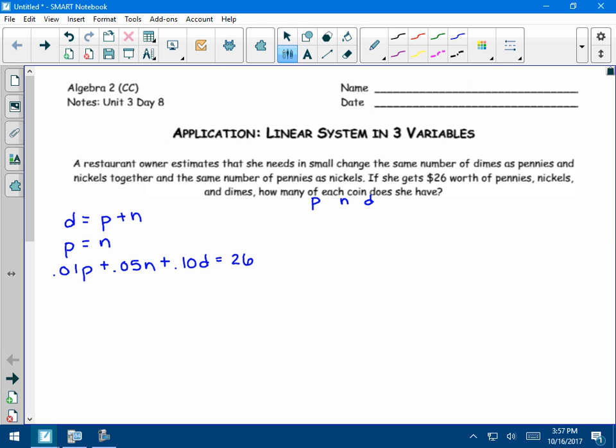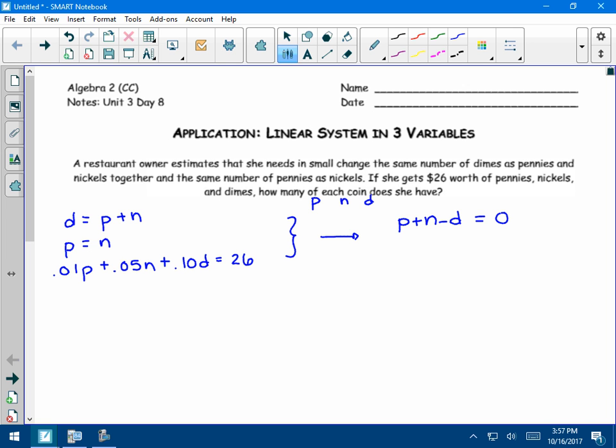Now technically I have 3 equations with 3 unknowns. It might make more sense if you have them all equal to a number on the right. So this first equation is equivalent to saying P plus N, subtract the D over, minus D equals 0.